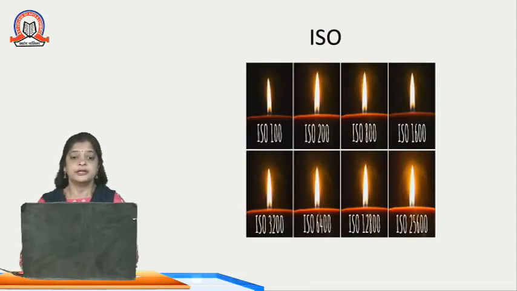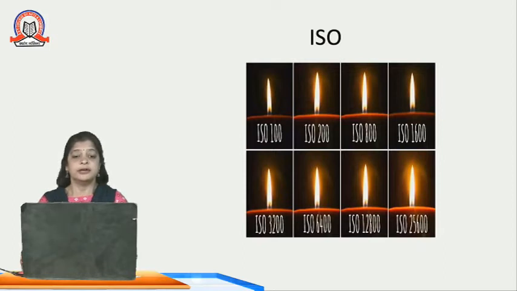One more example is there. This is the example of a candle. The flame is captured at 100 ISO and the flame is captured at 2500 ISO. There is a vast difference. See the difference: at 100 ISO the flame is very dark, and at the fast ISO the flame is a little bright.